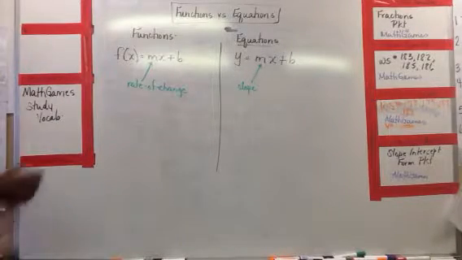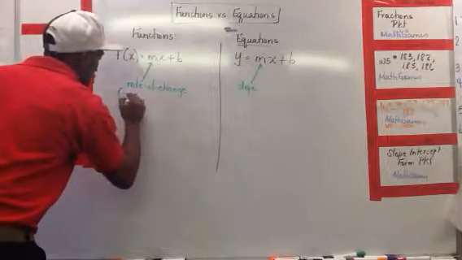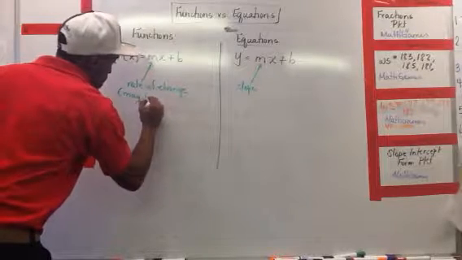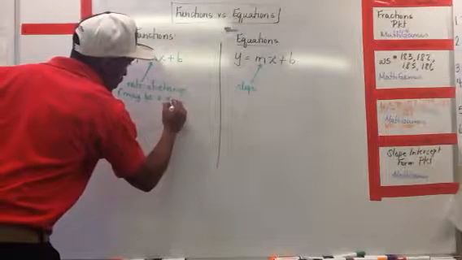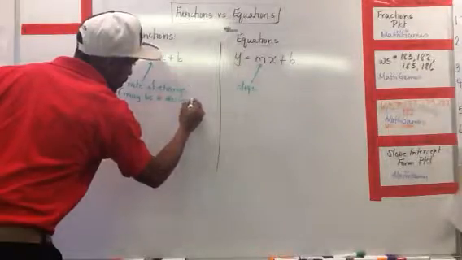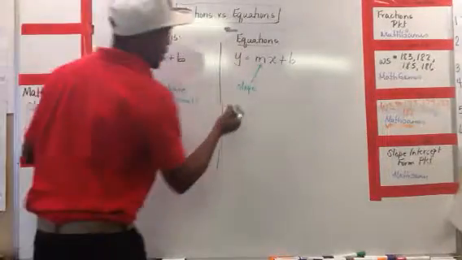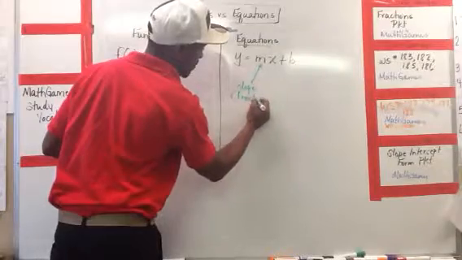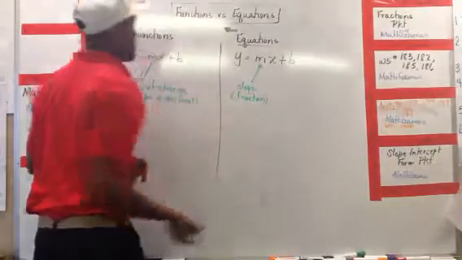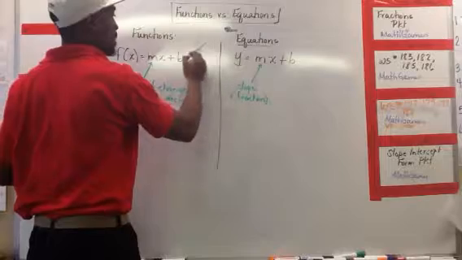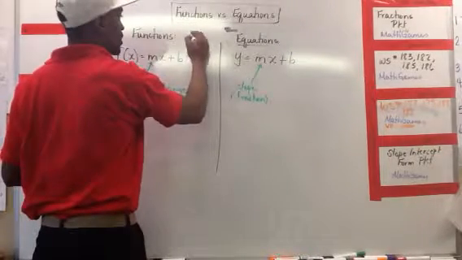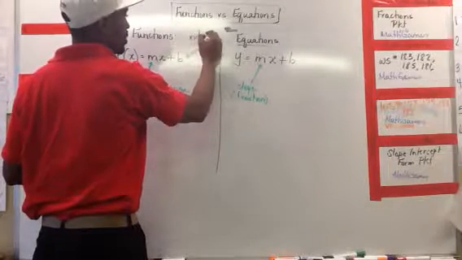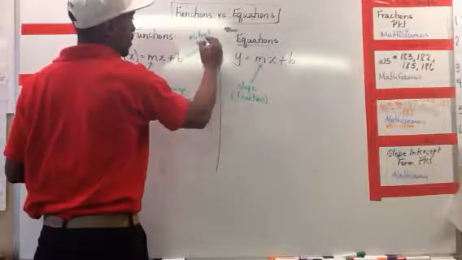The rate of change for functions may be a decimal. Okay? For slope, it's a fraction. Okay? We call this, the b, for functions, the initial value.